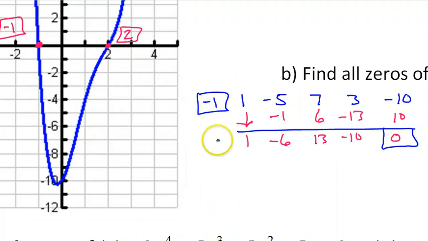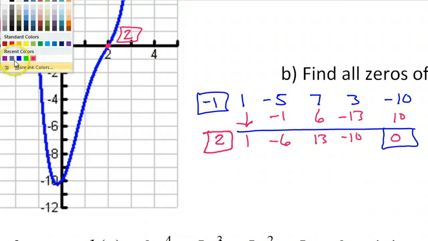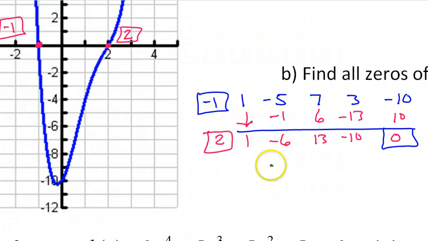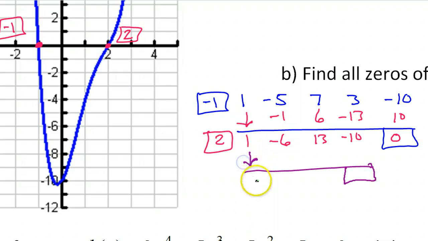So I'm going to go ahead and use the 0 of 2 now. So I'm just going to put that down and continue the process. Okay, I think I'll use purple now. Okay, so multiply, I get 2.